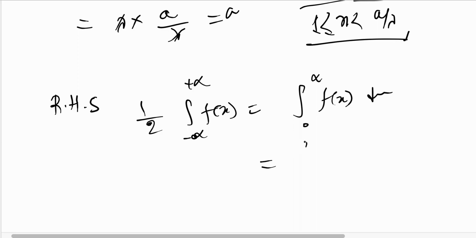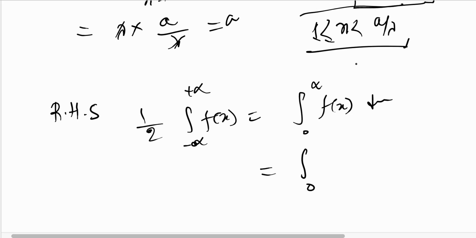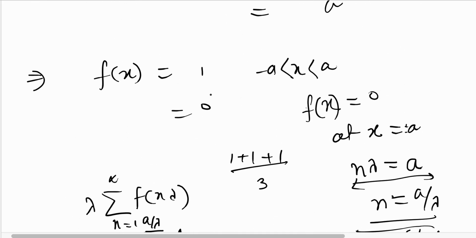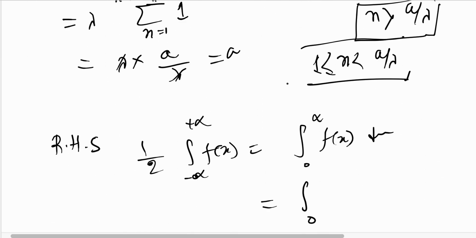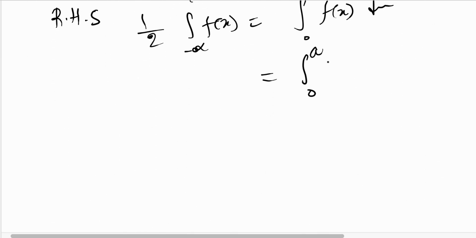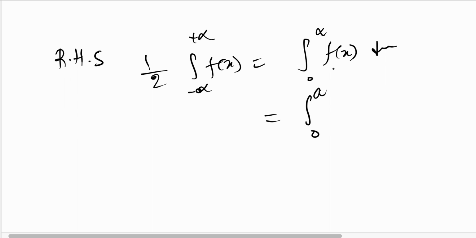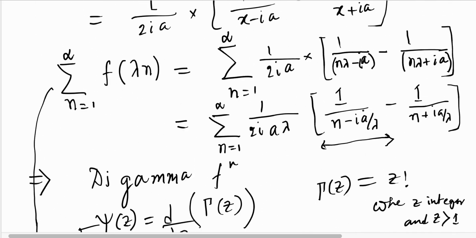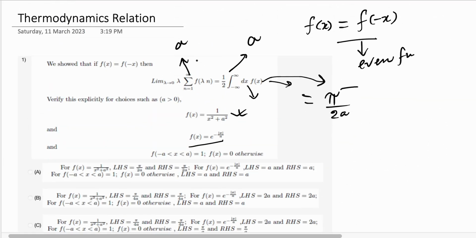Since the functional form is like that, the function remains non-zero only in the region 0 to a, where f(x) equals 1. So if we integrate it, it will become a. So here also, the limiting value of the summation and the value of the integration both become a.